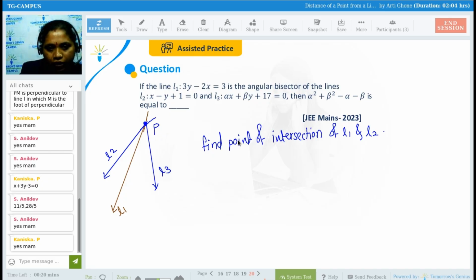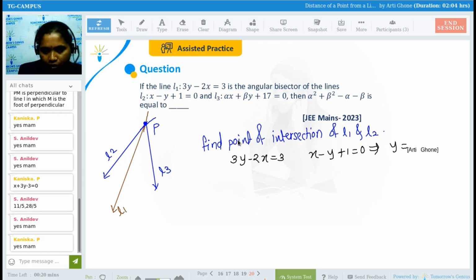Done or not? Just solve the two equations. 3y minus 2x is equal to 3 and x minus y plus 1 is equal to 0. So it implies that y is equal to x plus 1. So I put here 3 into x plus 1 minus 2x is equal to 3.